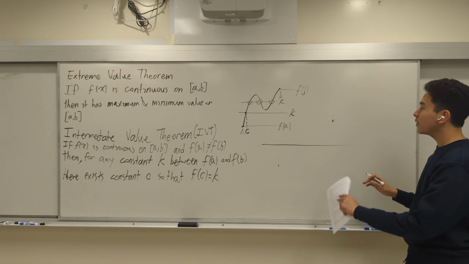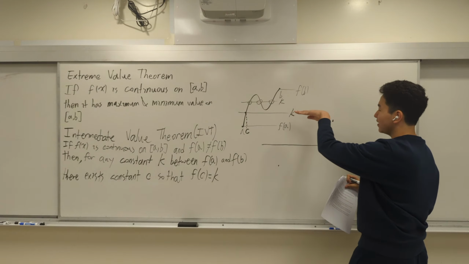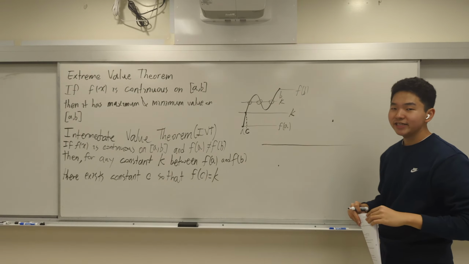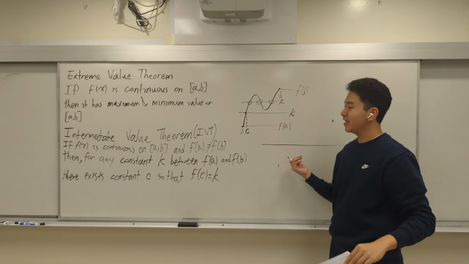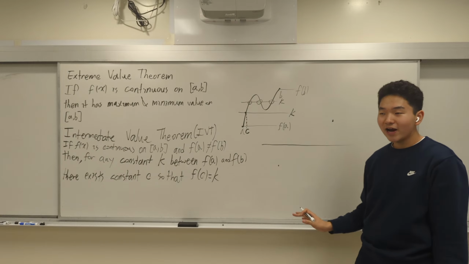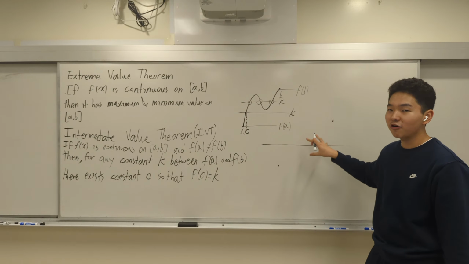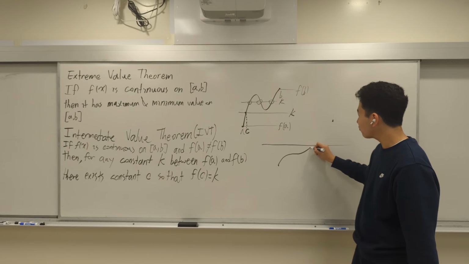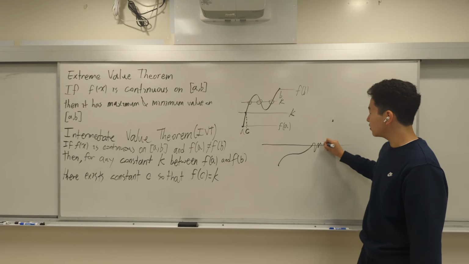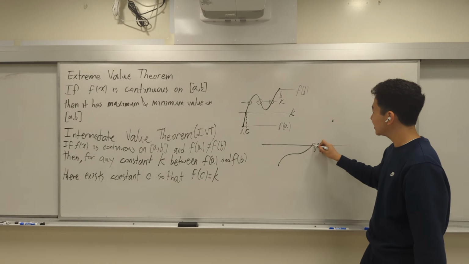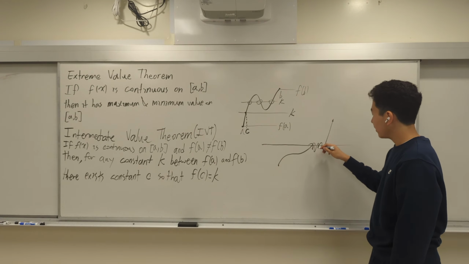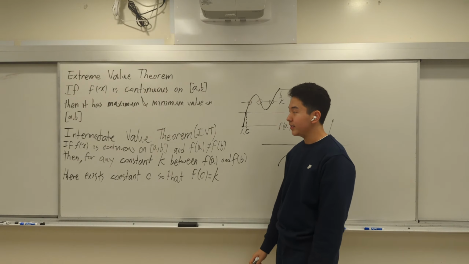Remember, the intermediate value is k, so it's like a horizontal line stretching from negative infinity to infinity. A continuous curve has to happen, so you can't randomly lift the pen somewhere and go somewhere else. You have to draw a continuous curve, and then you have to cross it at least once. You can cross it multiple times if you want, but the point is there is at least one guaranteed value where you'll cross the intermediate line.